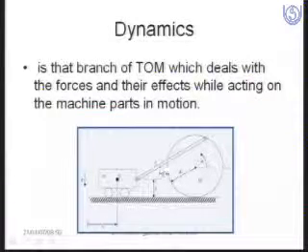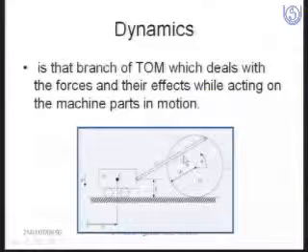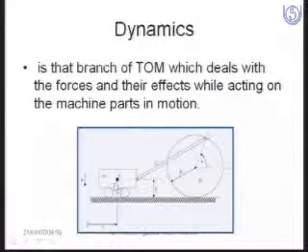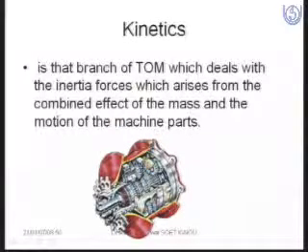So we have to see what the forces are and their effect while they are acting on the machine part, while this is transmitting the force on the connecting rod, and this is transmitting the force on this moving body. This is dealt with in the dynamics of machines.